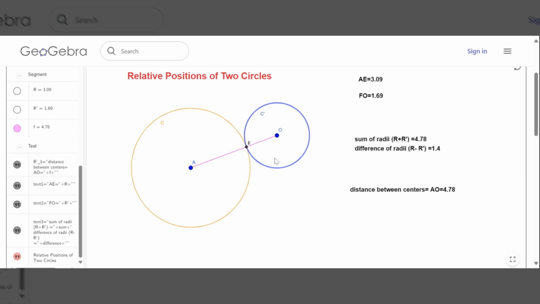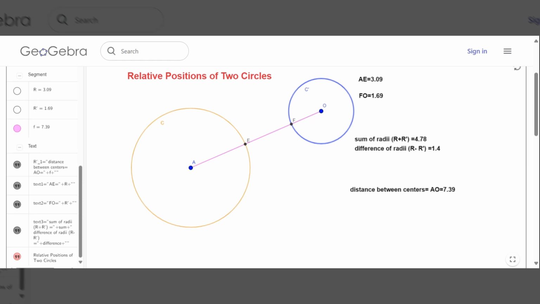But if we take this circle away, does the addition of the first radius plus the second radius equal the distance between the two centers? Of course not, because here we have EF. Look here, if I add these two radii, AE plus FO, the answer will be 4.78, while the distance between the centers is 7.39. It's greater.